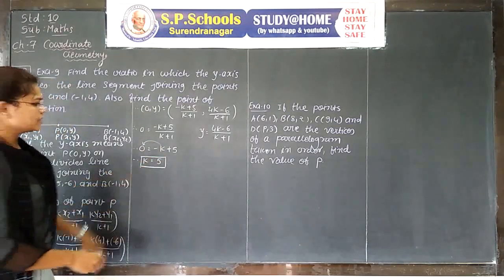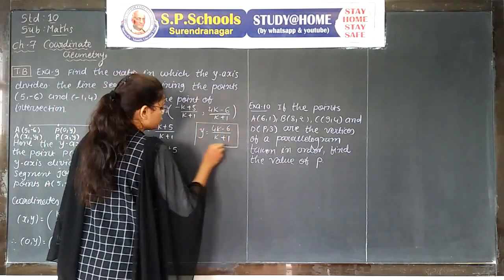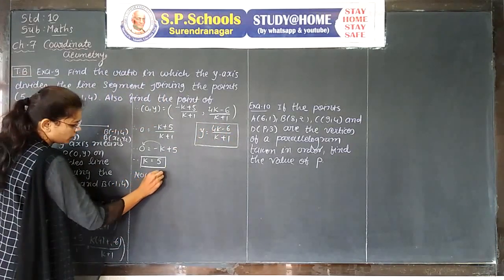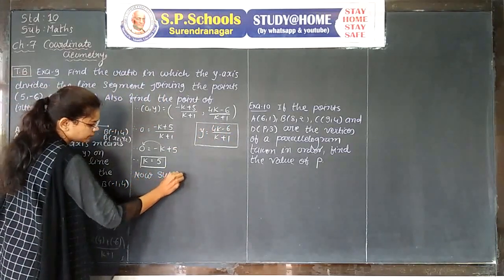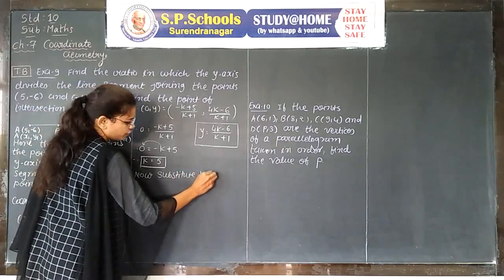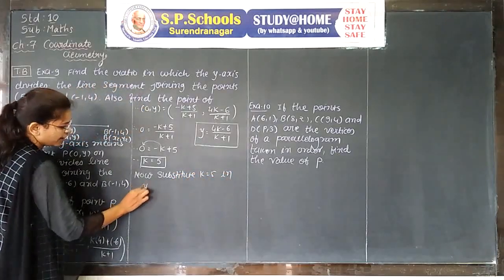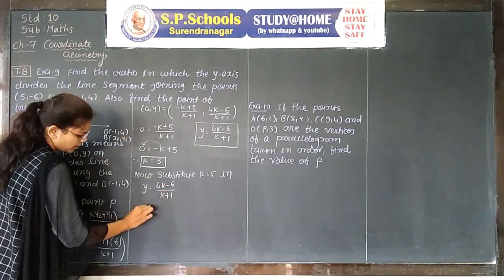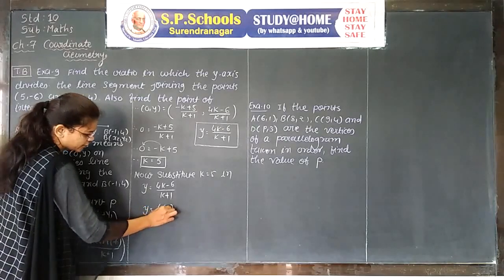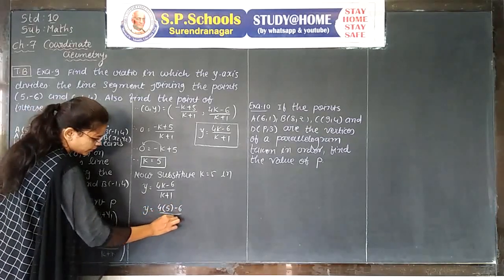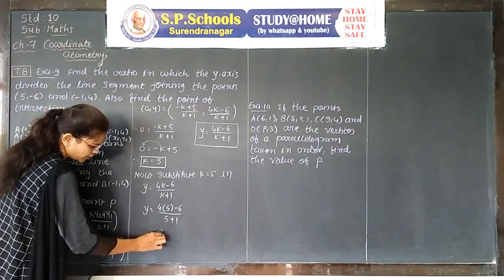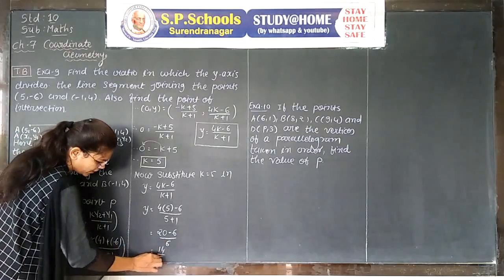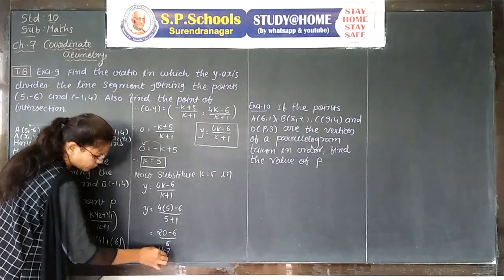Now we substitute k is equal to 5 in y is equal to (4k minus 6) upon k plus 1. Y is equal to 4 times 5 minus 6 upon 5 plus 1. 5 4s are 20 minus 6 upon 6. 20 minus 6 is 14 upon 6. 2 7s are 14 and 2 3s are 6.